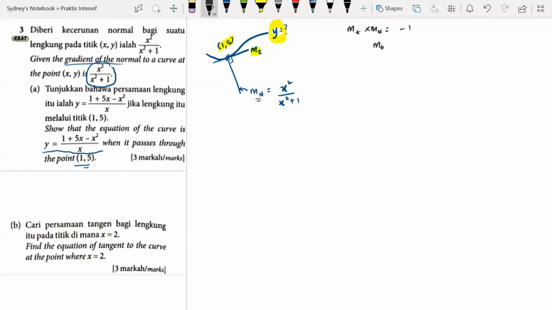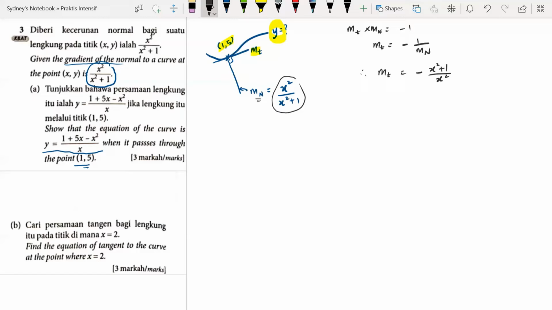Therefore, the gradient of tangent will be the negative of the reciprocal of the gradient of normal. So if the gradient of normal is this, the gradient of tangent will be negative of 1 over x squared over x squared plus 1. So go upside down.